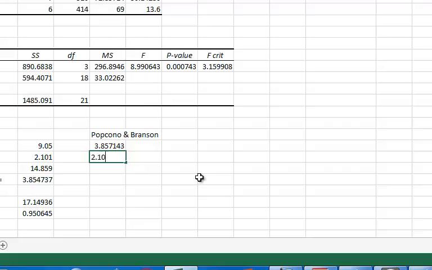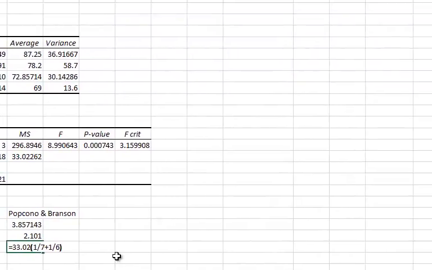Then the t-value here is the same. That doesn't change, using the same significance level and the same degrees of freedom. Now we need the MSE, 3302, times 1 over the Pocono sample size, which is 7, plus 1 over the Branson sample size, which is 6.